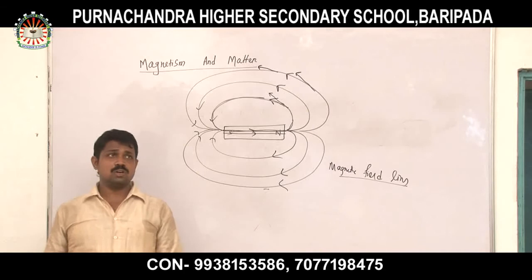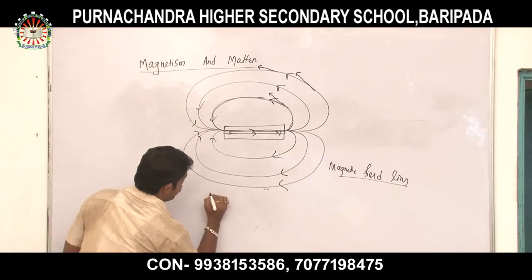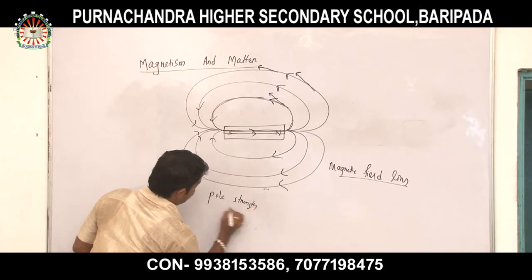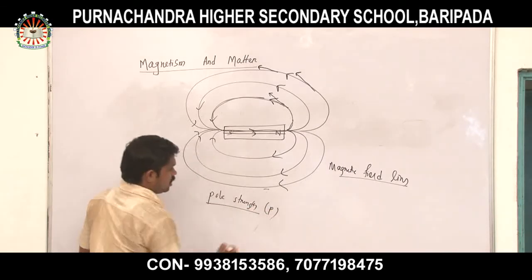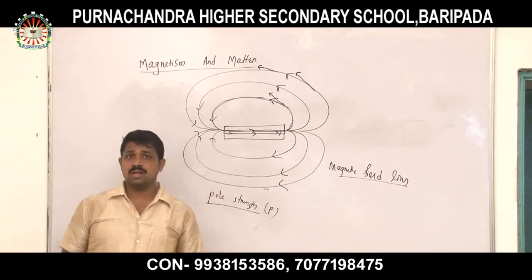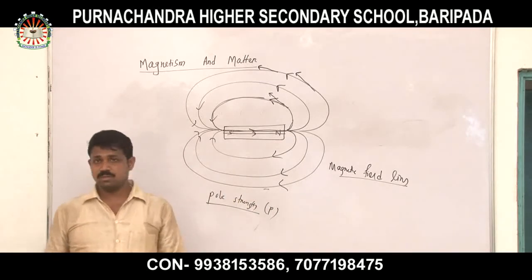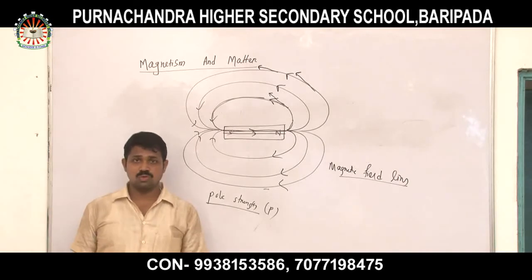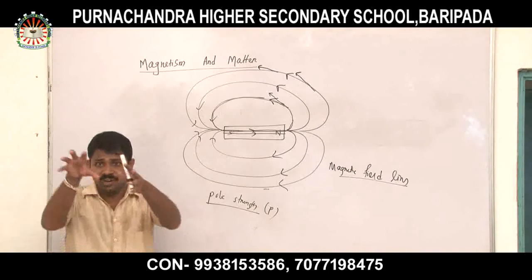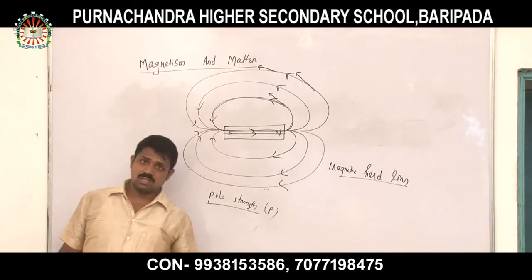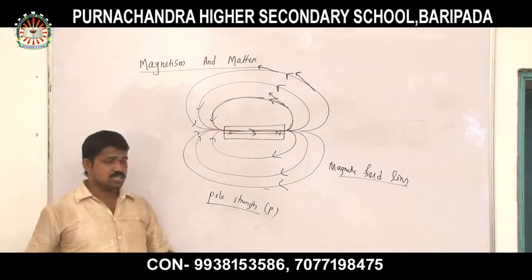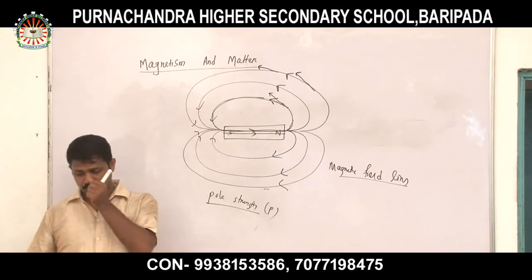Okay. So every bar magnet has a particular pole strength, because there are 2 poles, and the 2 poles can have different pole strengths, very simple. Understood? So the strength of each pole, by which you can attract the magnetic material, is called the pole strength of that pole. And it is denoted as P. Clear, all of you?